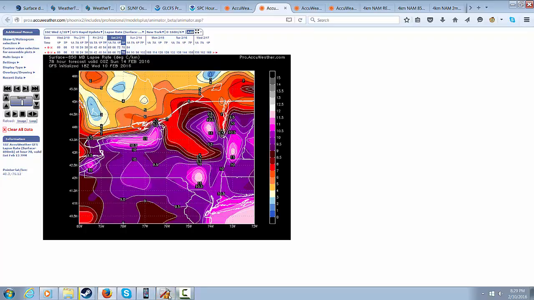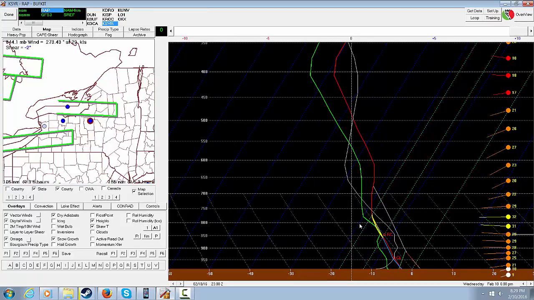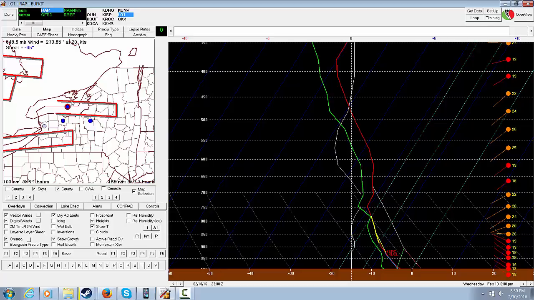Now we're going to take a look at some soundings here on BUFKIT. I'm going to bring up the RAP initial analysis over LO1, which is over the lake right here. And as you see, we have a nice thick dendritic growth zone of at least 100 millibars or so.